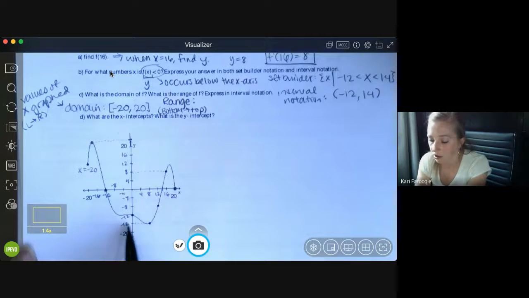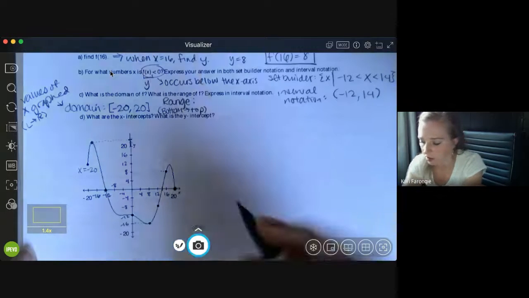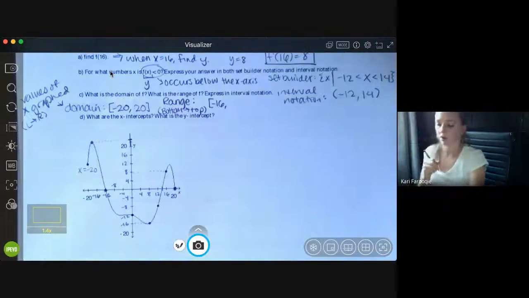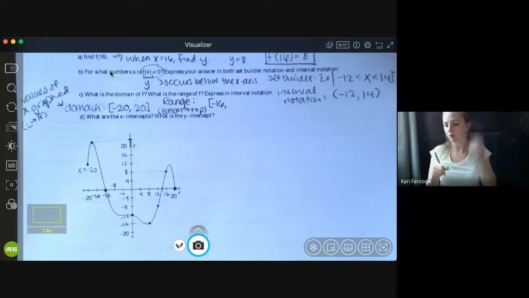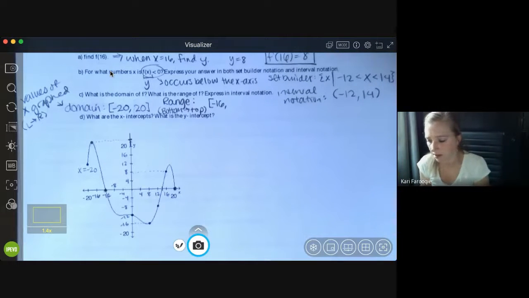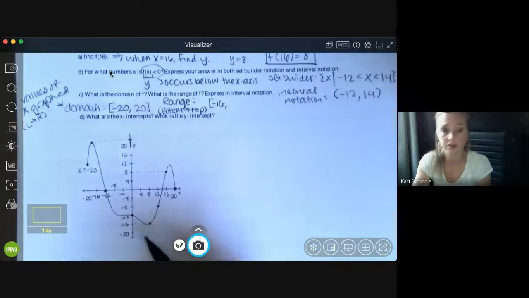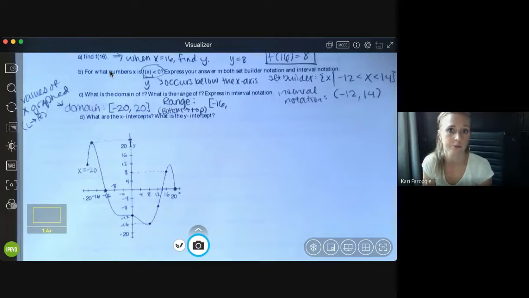So now we're looking at the y values. This point corresponds to y equals -16. That is the smallest y value for which this graph exists. So we're going to go ahead and make that the first point in the range. And we're going to use a squared off bracket because this circle is filled in. The point actually exists on the graph.